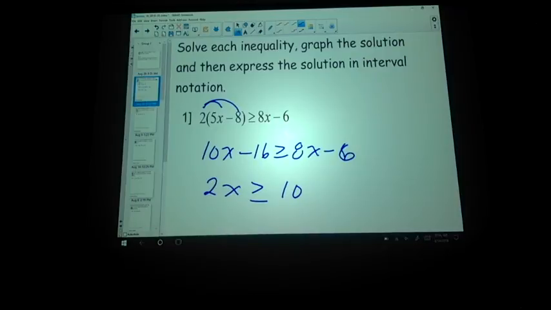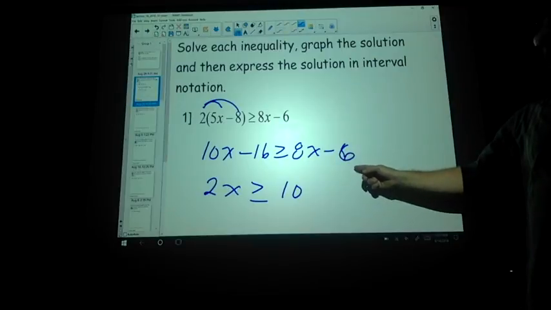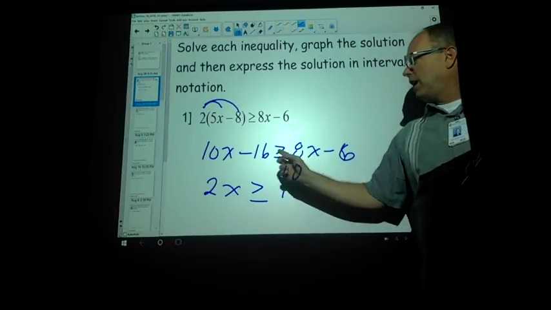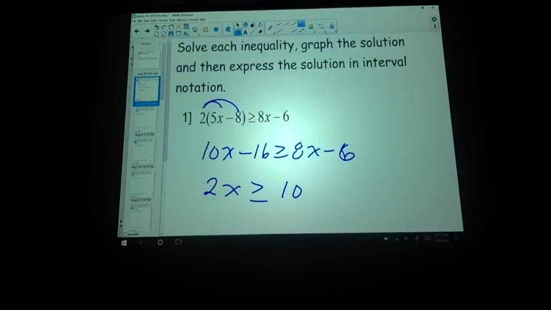But does everyone feel comfortable that if I go plus 16, negative 6 plus 16 is 10. If I subtract 8x, 10x minus 8x is 2x. And then 2 and x are being held together by multiplication, so I'm going to wind up with my answer like this.